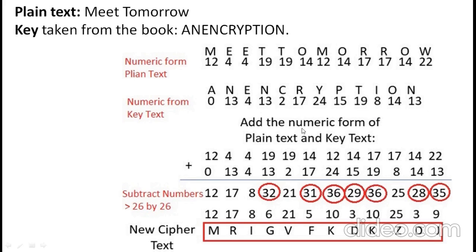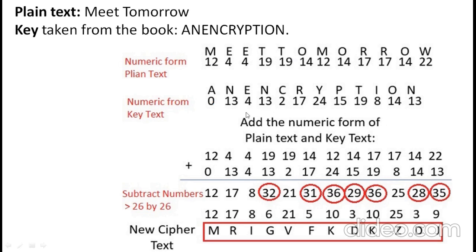Okay, now what we need to do is add the numeric form of the plain text and key text. We have generated these numeric values for the plain text and these numeric values for the key text, and now both should be added. We are keeping all the numeric values here for meet tomorrow and encryption.